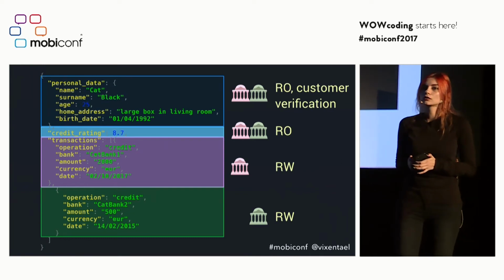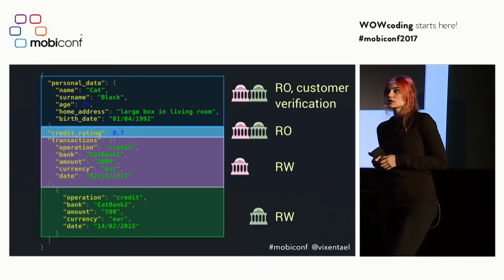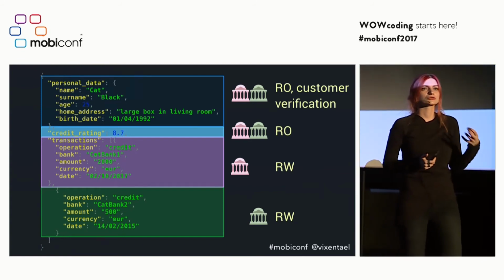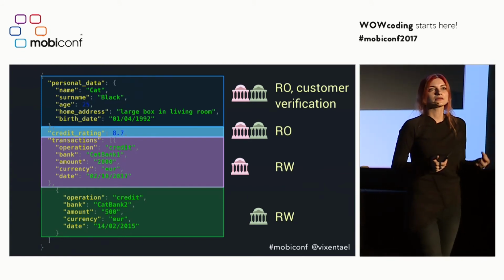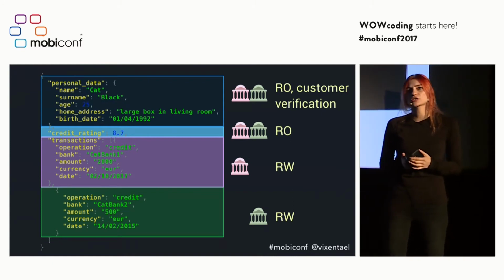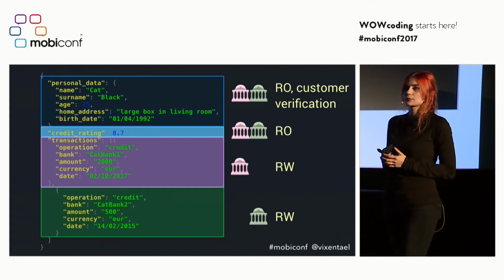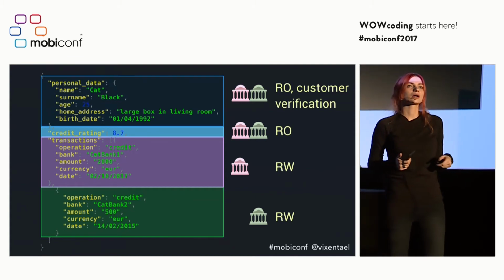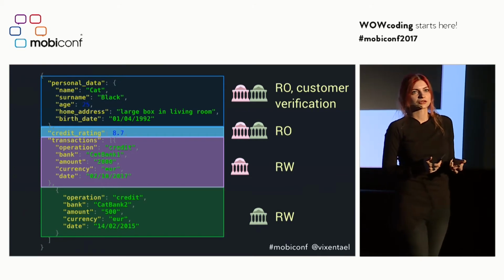The transaction log is complicated, because you don't want to share access to all your transactions during the last 10 years, even if the bank wants them. You can decide to share access only for 3 transactions, for example, read-only access. And of course, you don't want to share read-write access for all of these transactions.